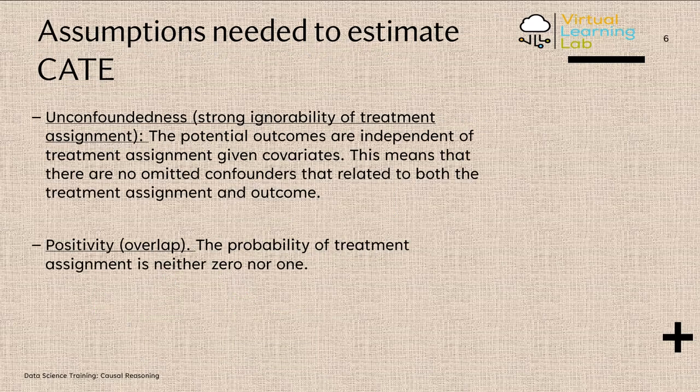The conditional average treatment effect assumes unconfoundedness, which is met in experimental designs, but for other designs such as propensity score analysis, you would assume that there are no omitted confounders. It also assumes positivity, so none of the participants have probabilities of treatment of 0 or 1.